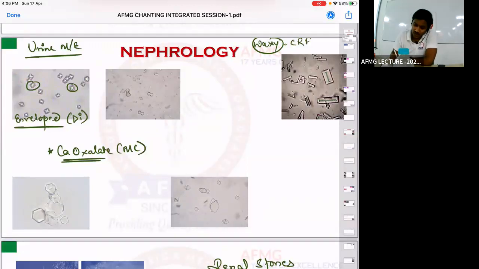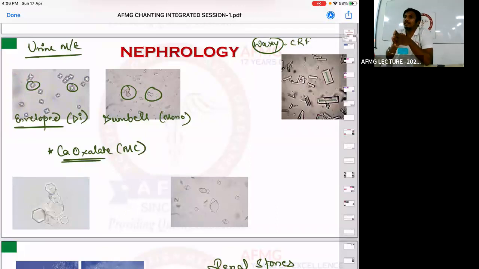Whereas monohydrate crystals are, what you can see over here, dumbbell shaped crystals. So monohydrate calcium oxalate crystals are dumbbell shaped. Okay, no issues. Most common type of renal stone. Now please tell me, calcium oxalate stones are mostly found in which type of pH?